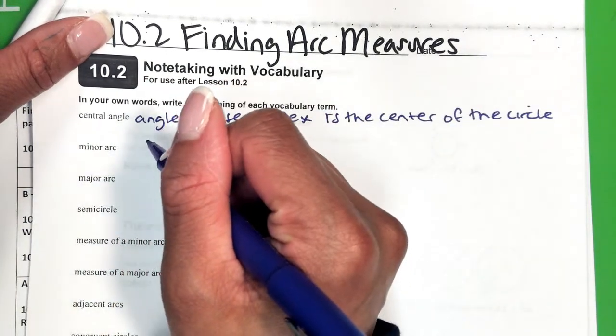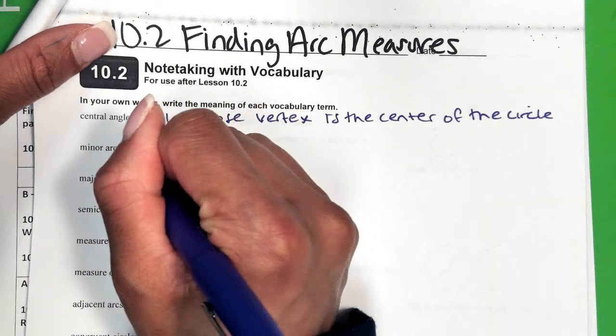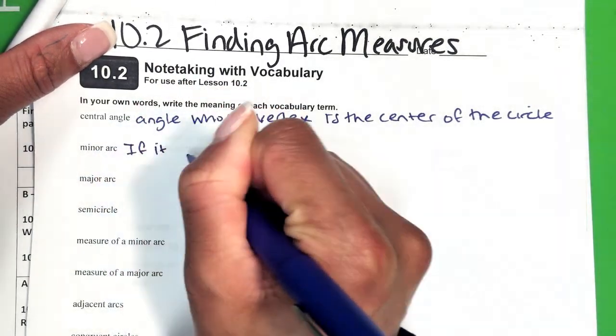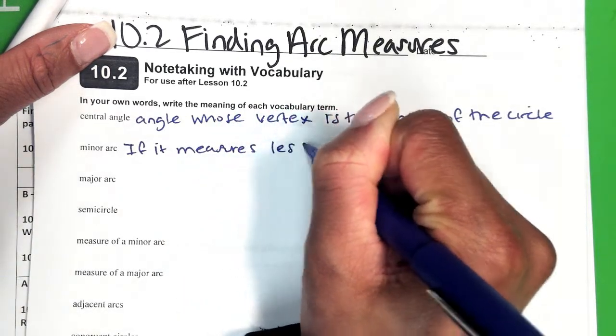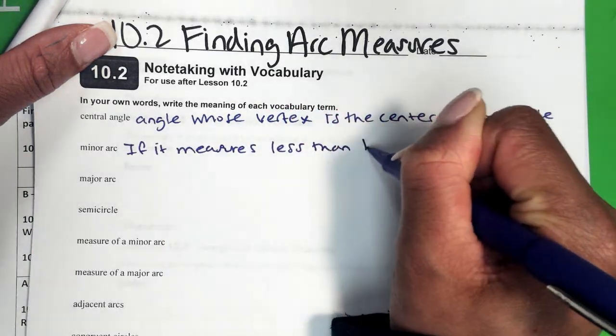A minor arc is where it measures less than 180 degrees.